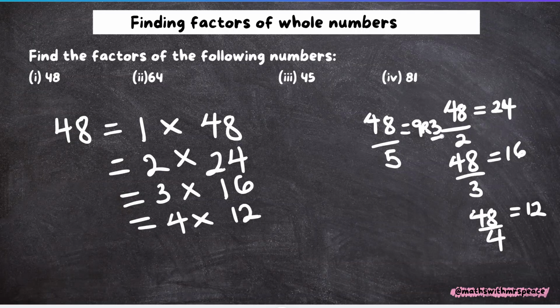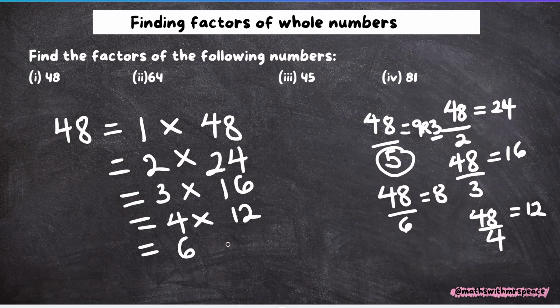Because of this remainder, it means that 5 is not a factor of 48, and we're not going to use that. So next we're going to try 6. After 5 is 6. Again, if you try 48 divided by 6, it's going to give you 8. So you know that 6 is a factor, and that you can express this as 6 times 8.